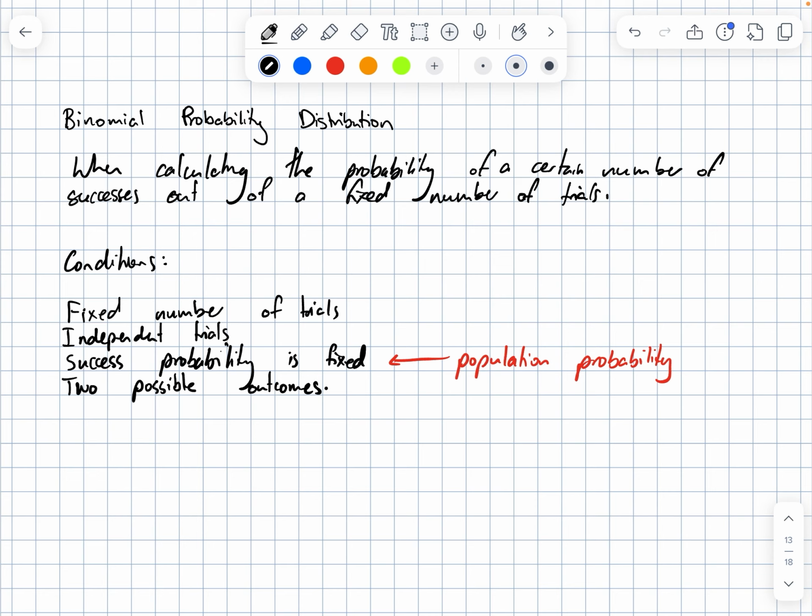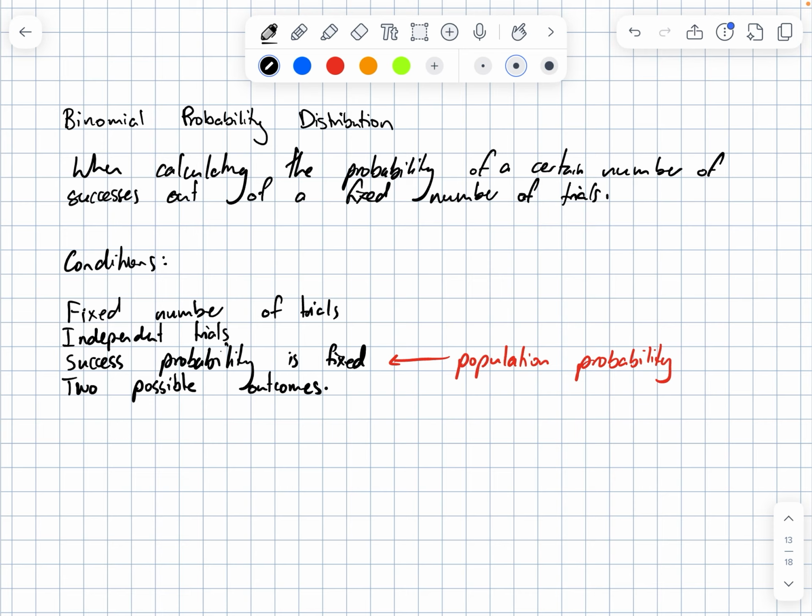Now, that probability for this mechanic might be fixed over a long term, but for individual people, this probability will probably not be the same because it will really be determined on the quality of their car and the state that it is in. But when we look over a long term, this probability is fixed.